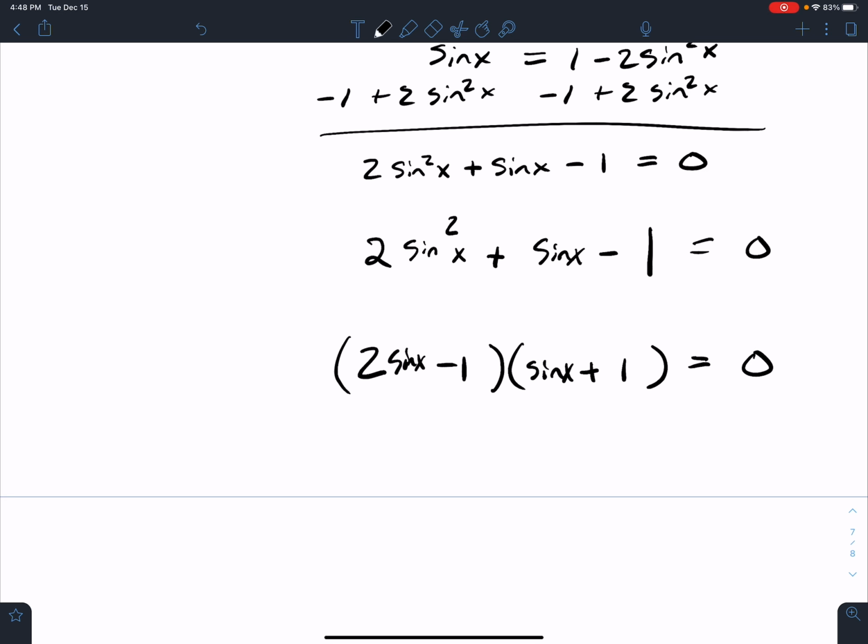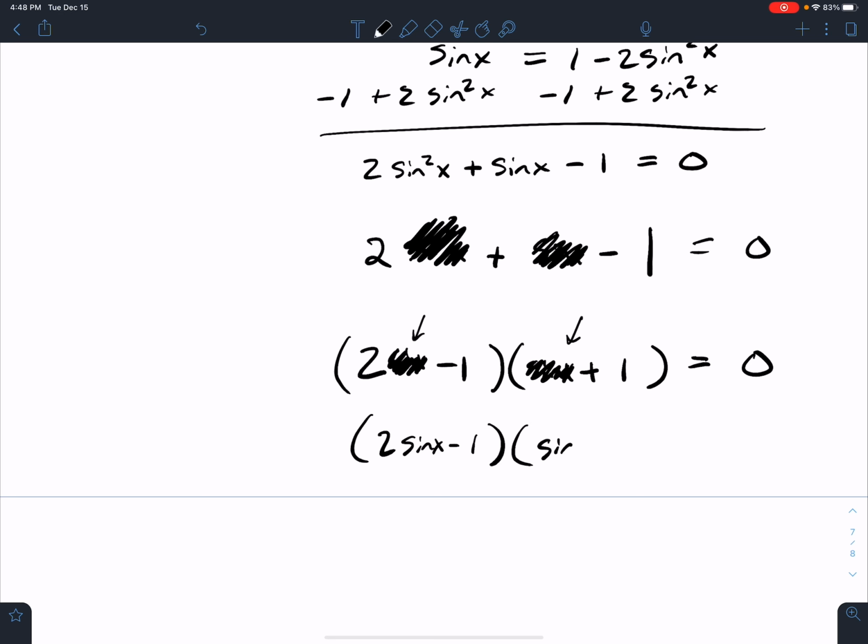So you're just replacing, think of it kind of like your blob, right? And then what is the blob? The blob is sine x, okay? So it's 2 sine x minus 1 times sine x plus 1.